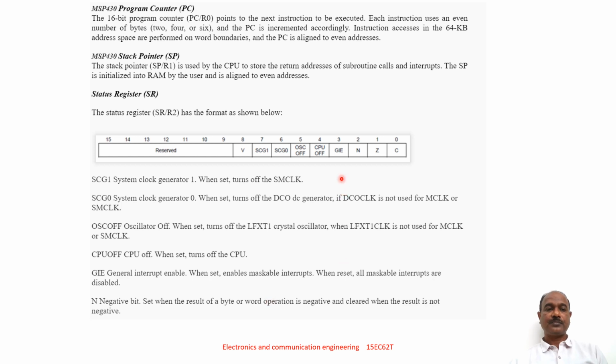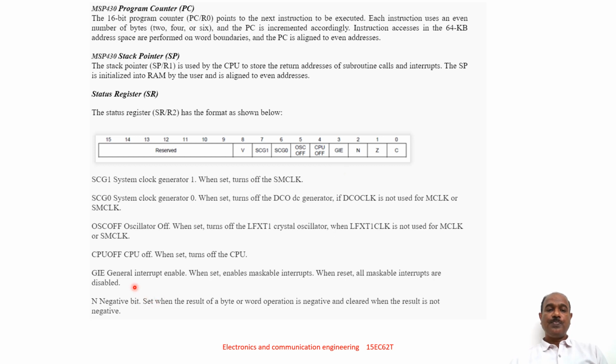Then there is one more bit called GIE, that is global interrupt enable. This bit is used to enable the interrupts. There may be some external interrupts coming from the external world into the microcontroller, and you can decide whether the microcontroller should accept or ignore those interrupts.